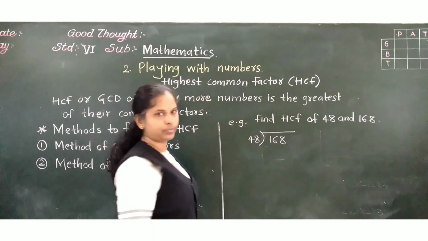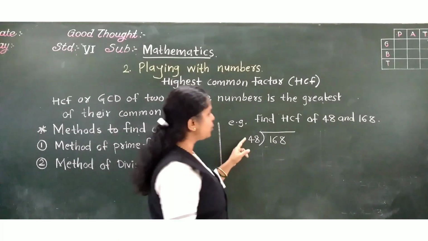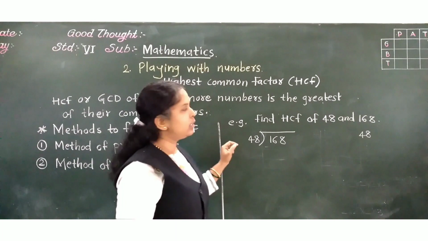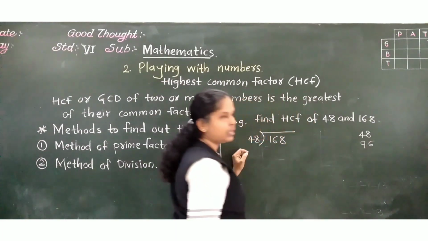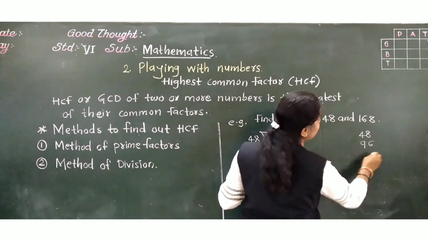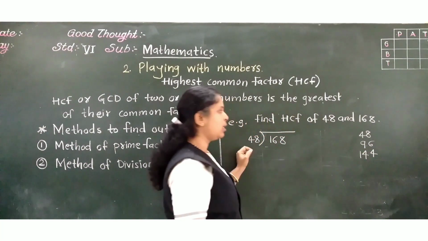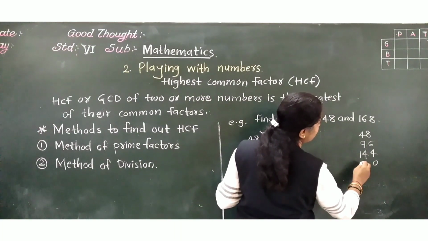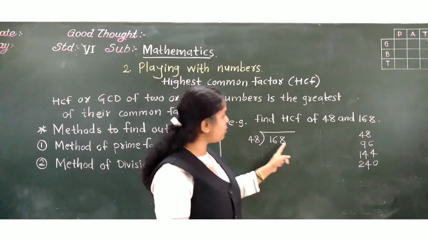So divide. For this, first you should prepare the 48 table. 48, then 48 twos are 96. Then 48 threes are 144. 48 fives are 240. Correct? But we want 168.